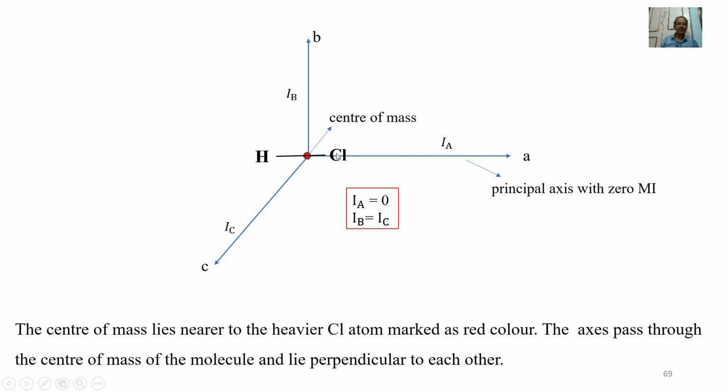And here the principal axis with 0 moment of inertia, that is IA equal to 0. The center of mass lies nearer to the heavier chlorine atom marked in red. The axes pass through the center of mass of the molecule and lie perpendicular to each other.